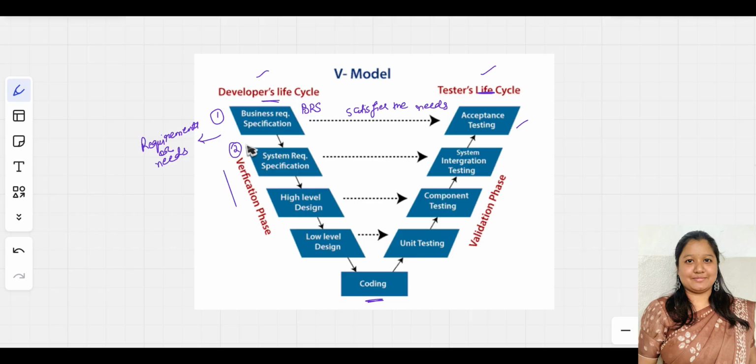Once business requirements are finalized, they are translated into the system requirement specification. In this phase, what happens? The system must do this from a technical perspective. Once every document's needs have been noted down, we need to analyze them and convert them into a technical perspective.